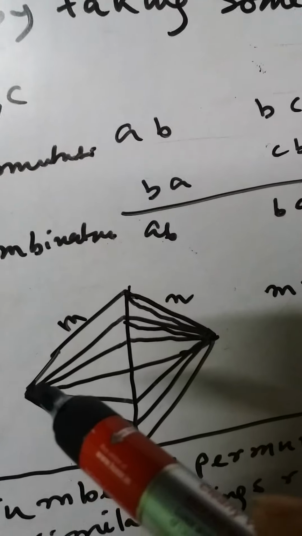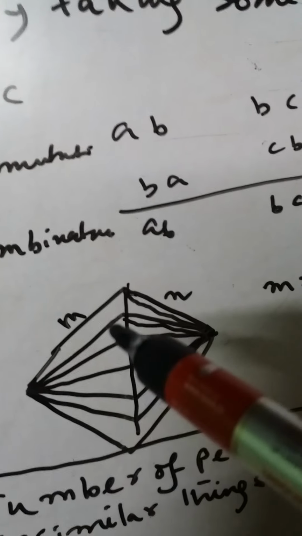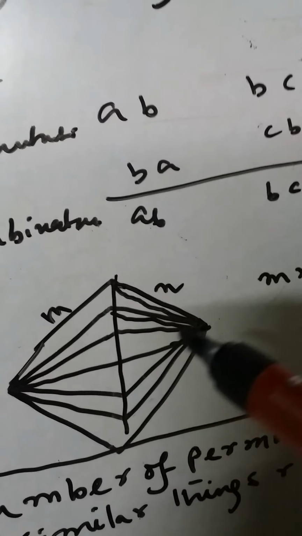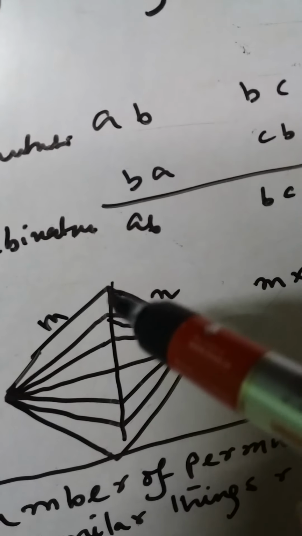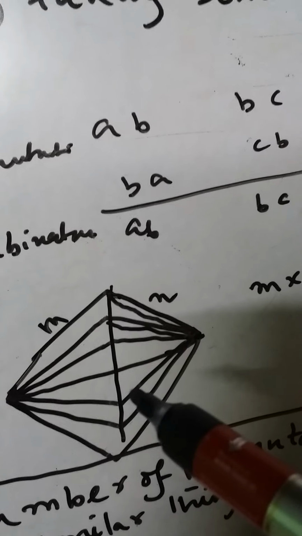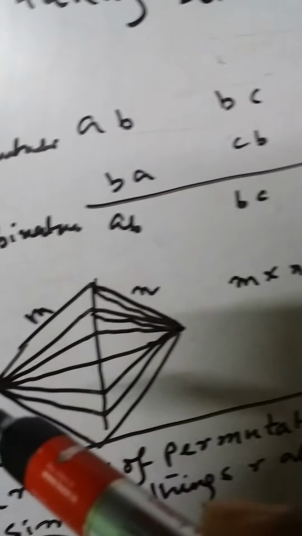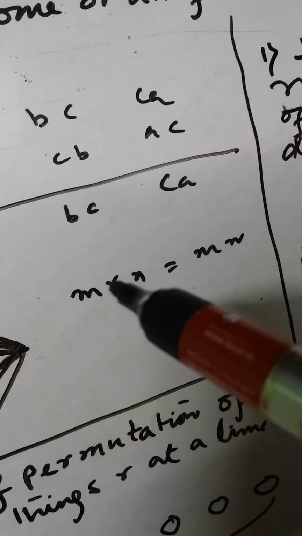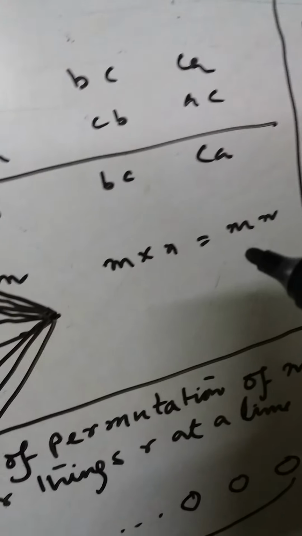If you come here, you have n roads. If you come here, you have n roads. So if we come here by m ways, each way you have n roads. So you can go from here to there in m into n, that is mn ways.